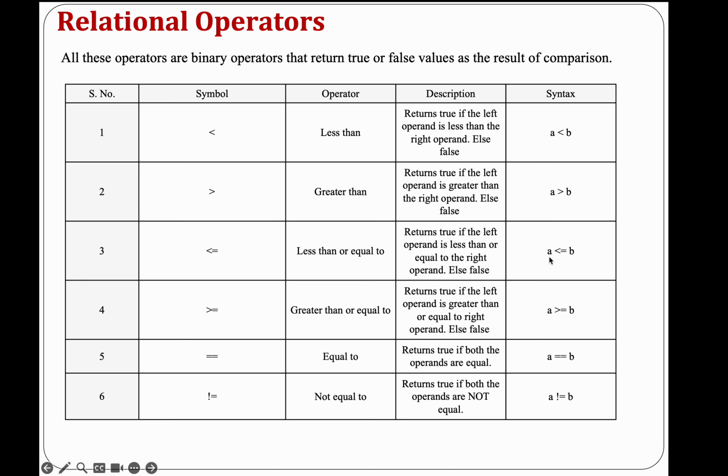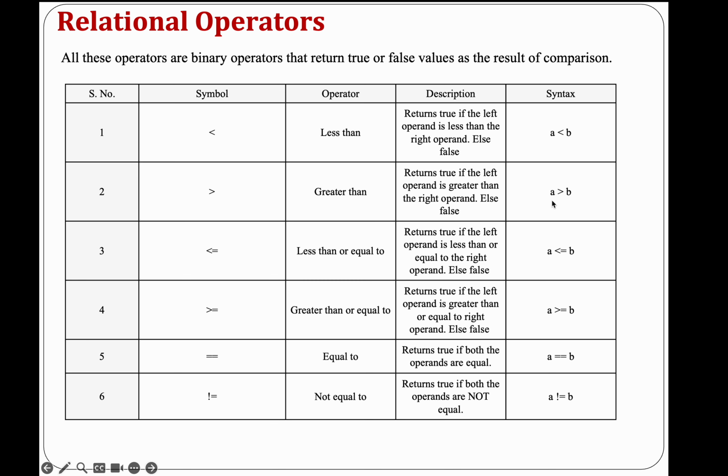Now the description. For less than, A is on the left hand side and B is on the right hand side. A is less than B means if the condition is true, it will produce the output as 1. Always the left operand is less than the right operand.